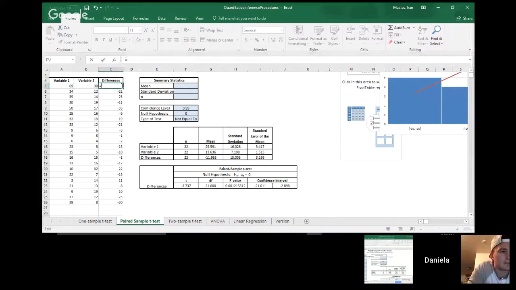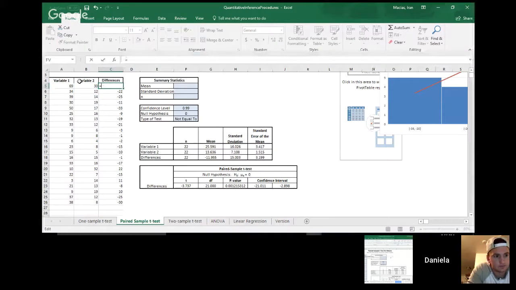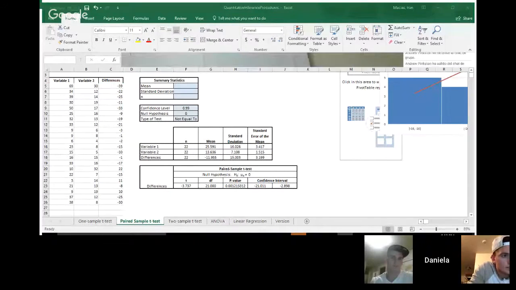On mine, my first 5 columns, it didn't make a difference. There's no difference. It starts at 11. What did you get, Andrew? Oh, it didn't do the math for the difference column.